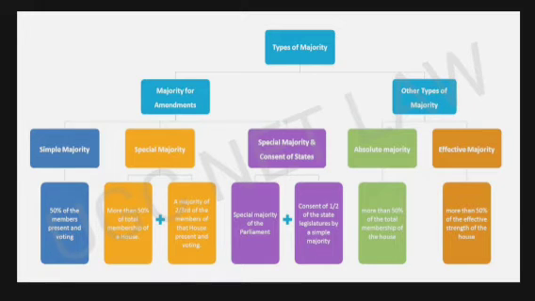Now types of majority. In types of majority there are mainly two types, and below that there are also subtypes. You can see in the chart, when an amendment is concerned, which type of amendment is by way of simple majority or by special majority, it will be very helpful to know which type of amendment has taken place.